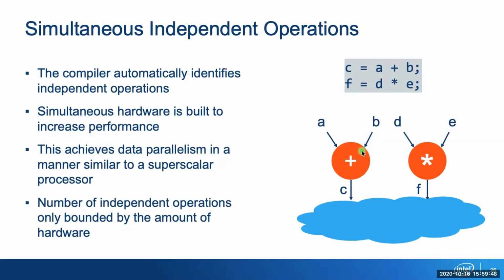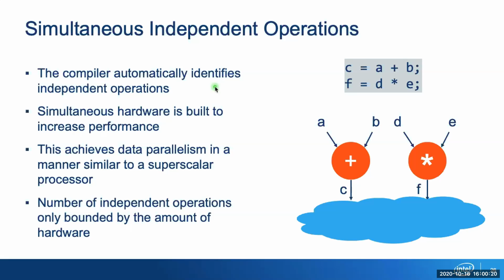Here's the main difference compared to processors. If we were to compile this code for a processor, it would become something like load E, load B, add, store C, and so on, one after another. In hardware, the computation is done spatially.